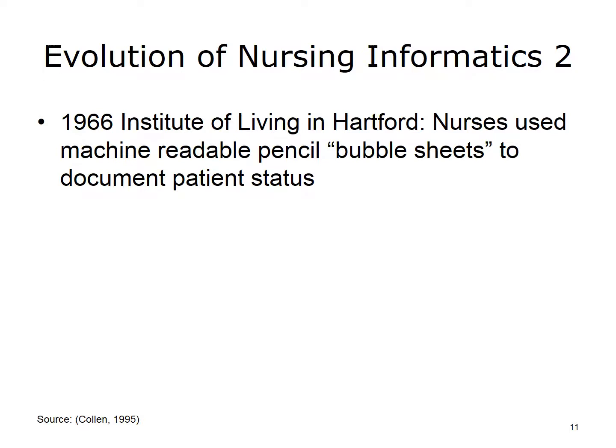In the following year, 1966, nurses at the Institute of Living in Hartford used similar technology to document patient statuses. In this case, nurses used machine-readable bubble sheets, similar to Scantron technology that can read penciled markings.